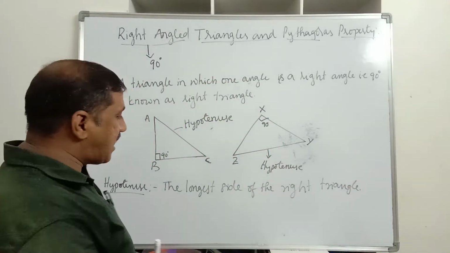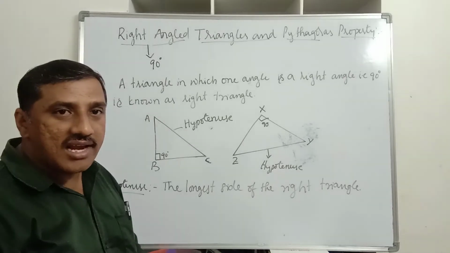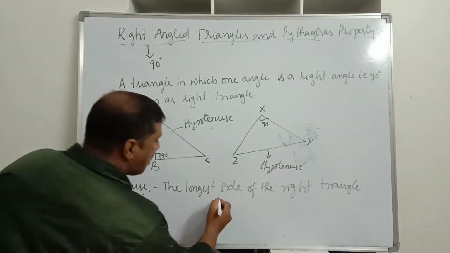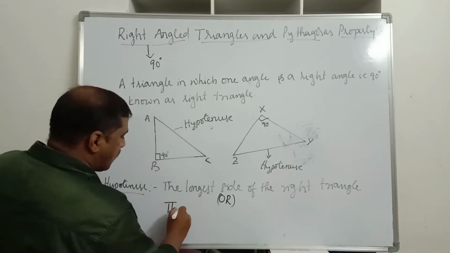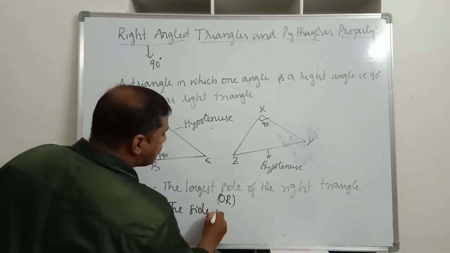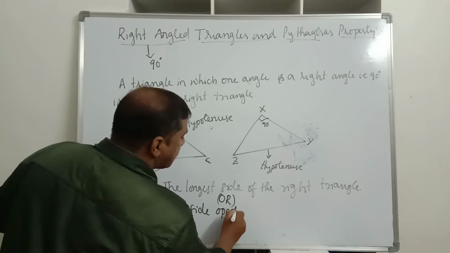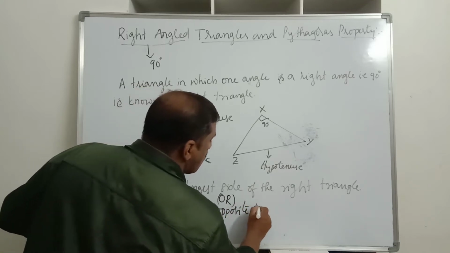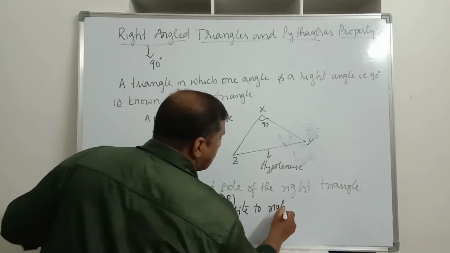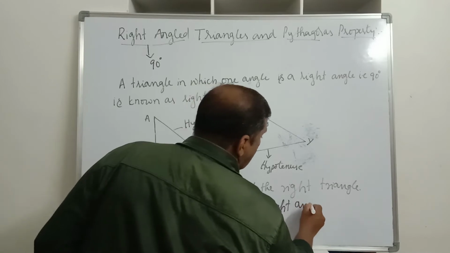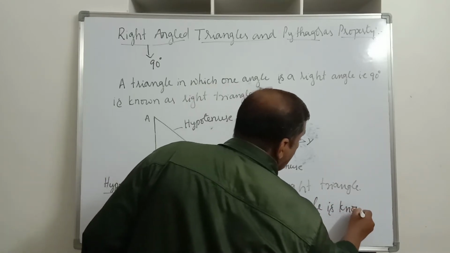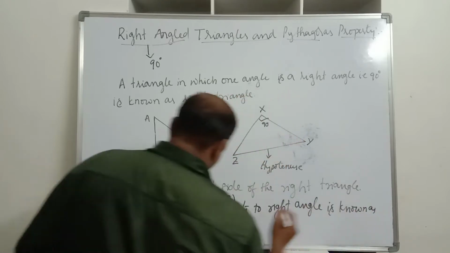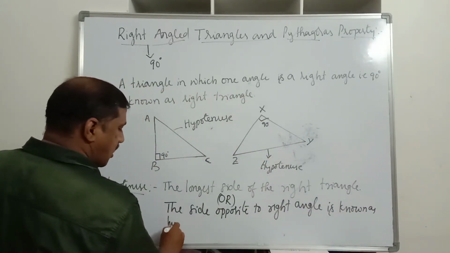The longest side of the right triangle is known as the hypotenuse, or we can also write, the side opposite to the right angle is known as the hypotenuse.